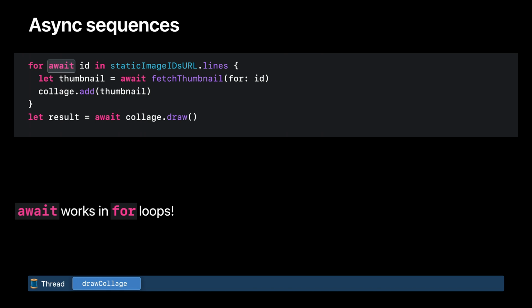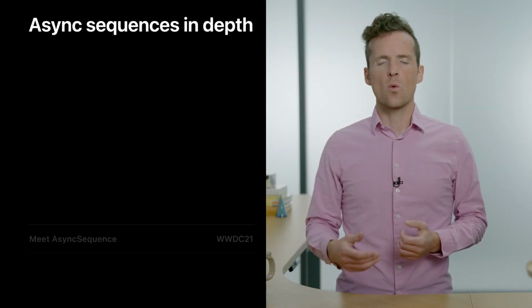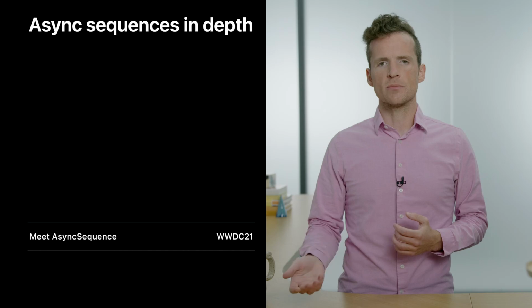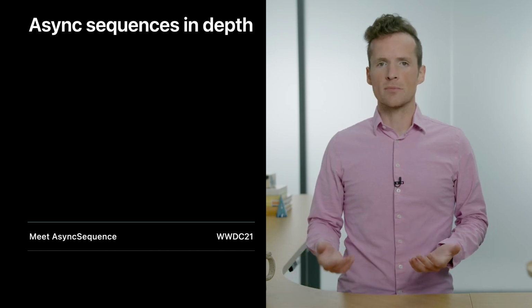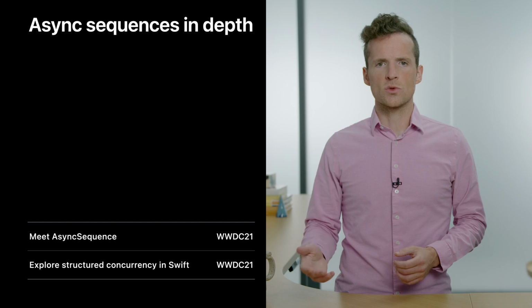As the function iterates over the async sequence, over and over it may unblock the thread while awaiting the next element, and then resume, either with the next element into the body of the loop, or, if there are no elements left, after the loop. To learn more about async sequence, watch the Meet Async Sequence session. And if you're interested in running many asynchronous tasks in parallel, check out the Structured Concurrency in Swift session.